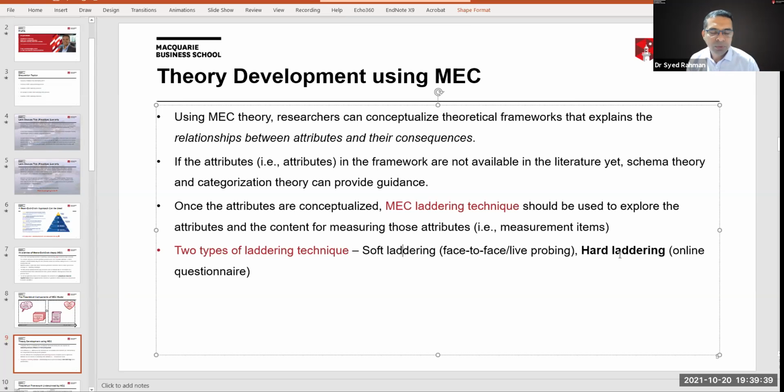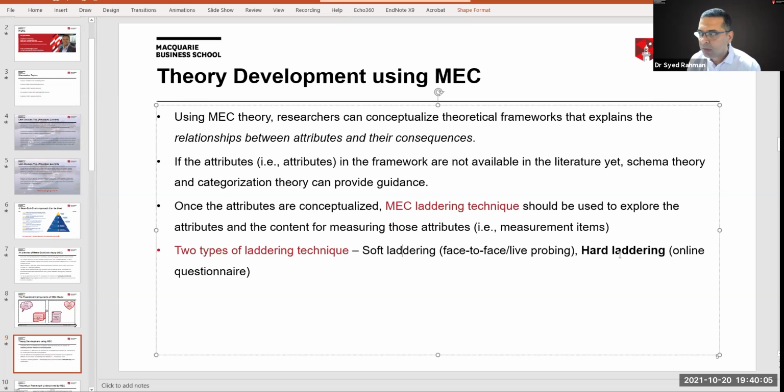Now, if you go to the literature, you will find that around 2009 the online laddering process started to take hold. The benefit is that it gave you more reach. For example, within the USA you have 50 states. If you're trying to collect data using the laddering process from many states, you have to travel, and it's an expensive process.